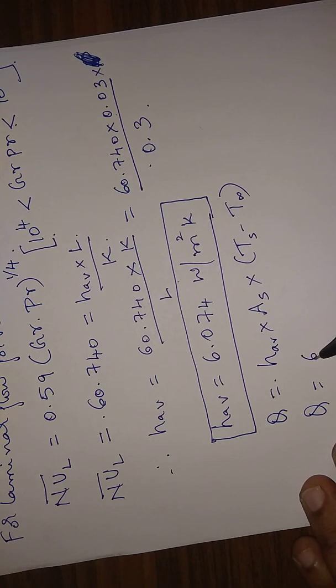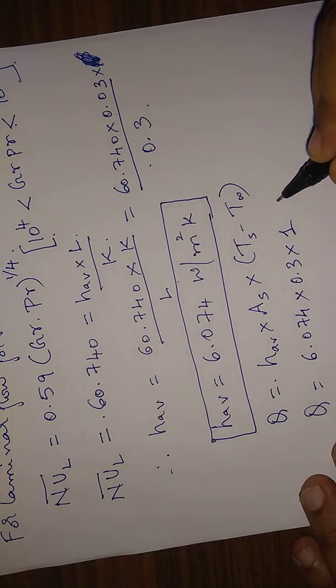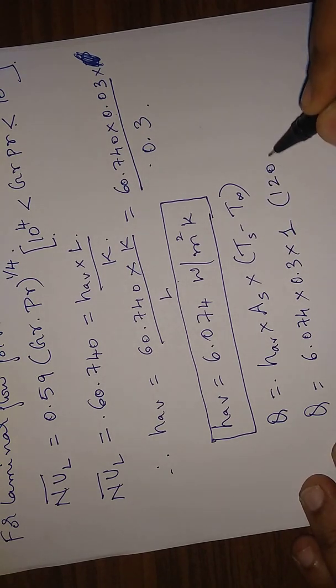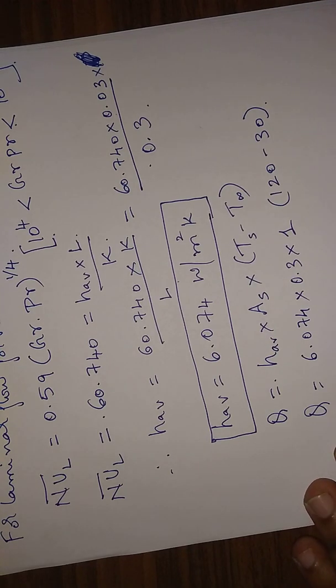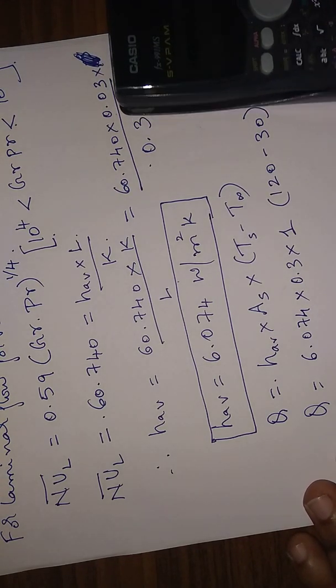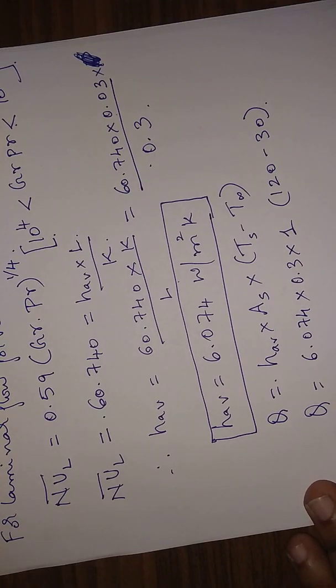So Q is 6.074 into surface area, 0.3 into 1 meter, into 120 minus 30. So it is turning out to be around 163.